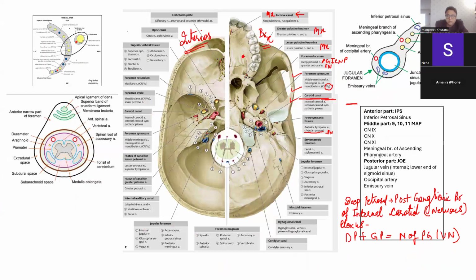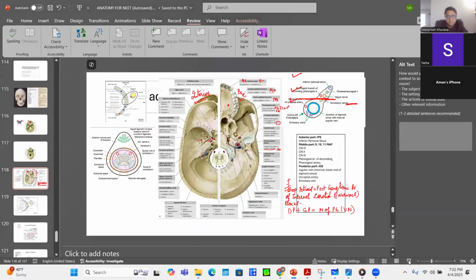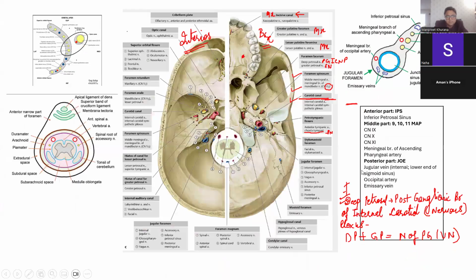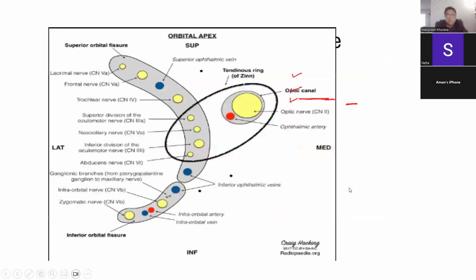So the deep petrosal nerve, which is a branch of facial nerve.